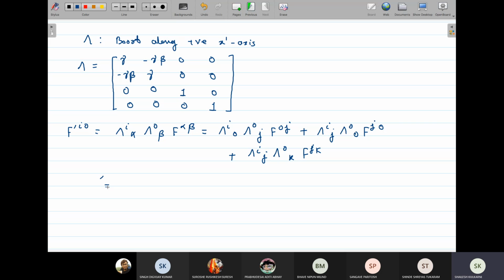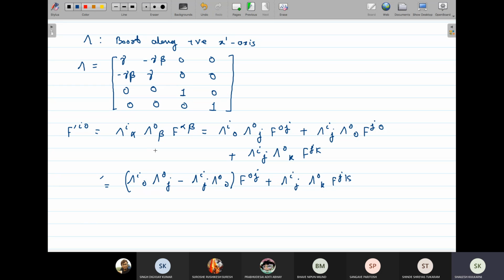So now I can use the antisymmetry of F. It will be lambda i0, lambda 0j, minus lambda ij, lambda 00, F0j, plus lambda ij, lambda 0k, Fjk.